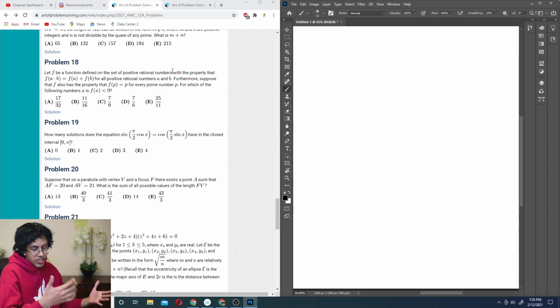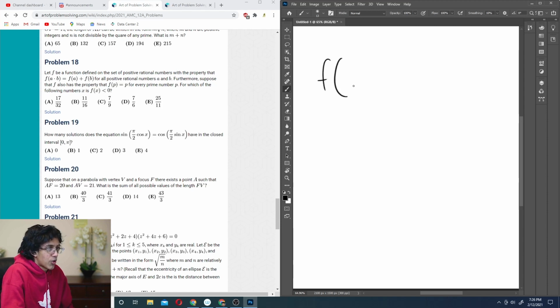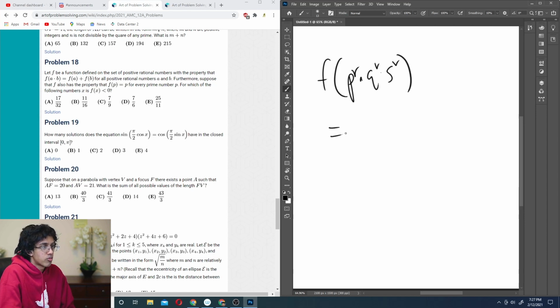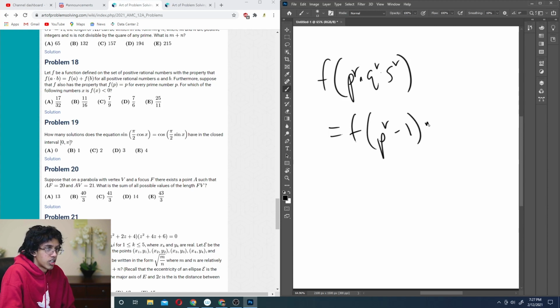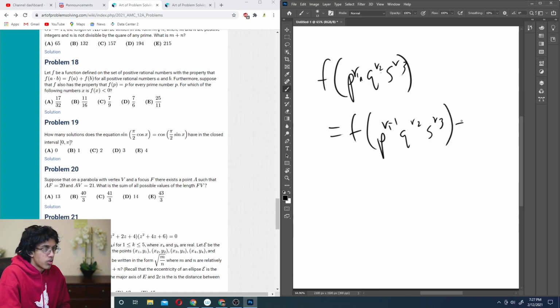Okay, so essentially this one's kind of straightforward once you see it. If you have a prime factorization of a number like p to the r1 times q to the r2 times s to the r3, this is essentially equal to f of p to the r1 minus 1 times q to the r2 and so on, plus f of p, because you took out an f of p.